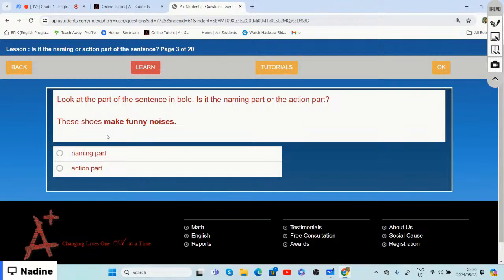These shoes make funny noises. So the words make funny noises, is that a naming part or an action part?